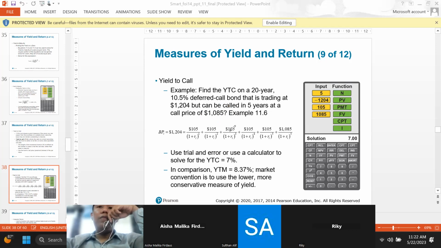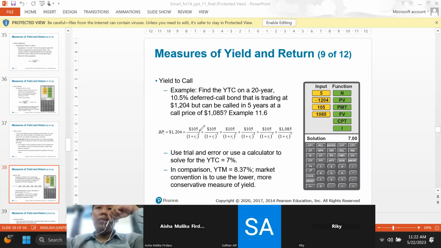So we need to find the yield to call. Simply, we will use this calculation. So the yield to call will be 7.